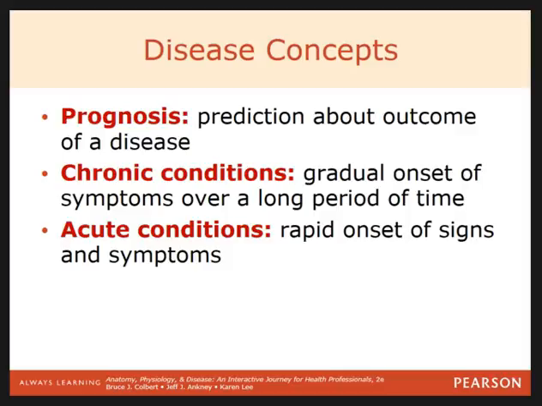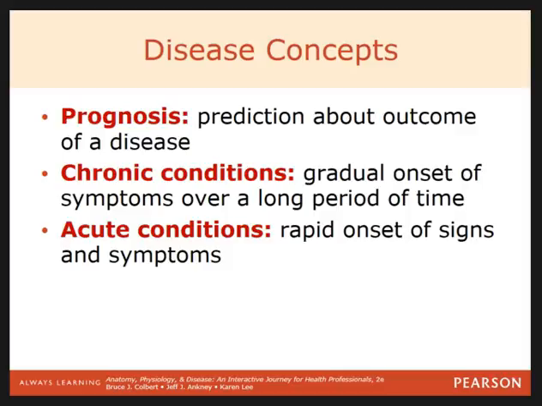So a chronic condition is generally a gradual onset of symptoms over a long period of time. The condition lasts for a long period of time. It may resolve or it may be something that is lifelong. An acute condition is usually a rapid onset of signs and symptoms, and it usually will only last a relatively short period of time.